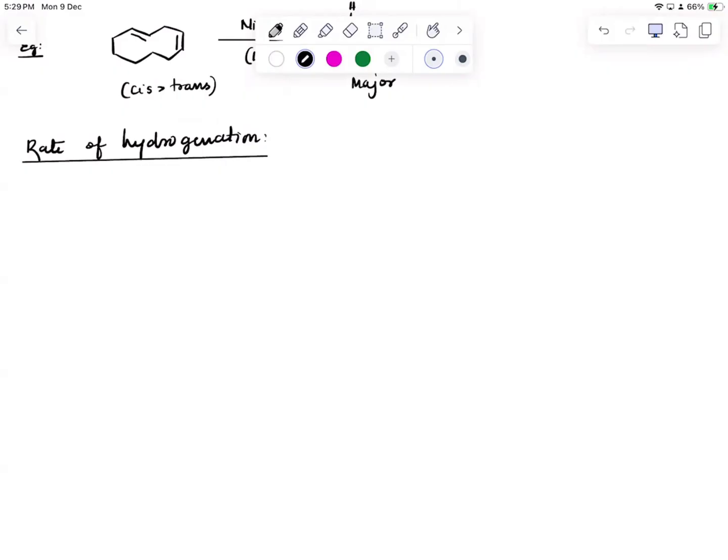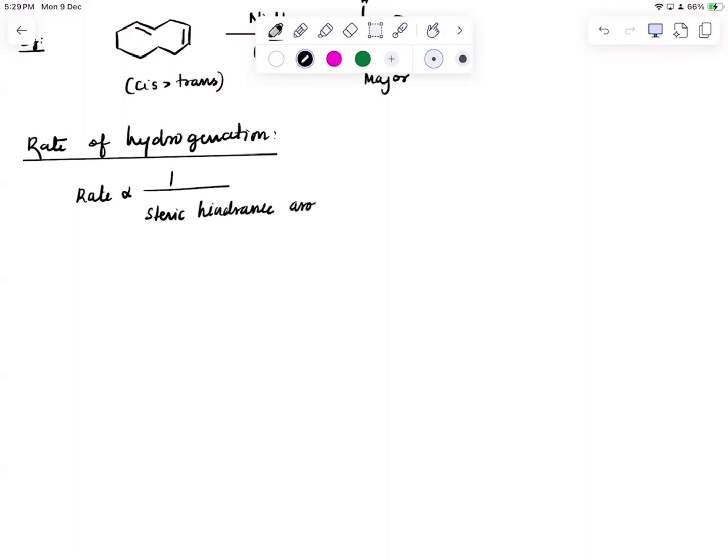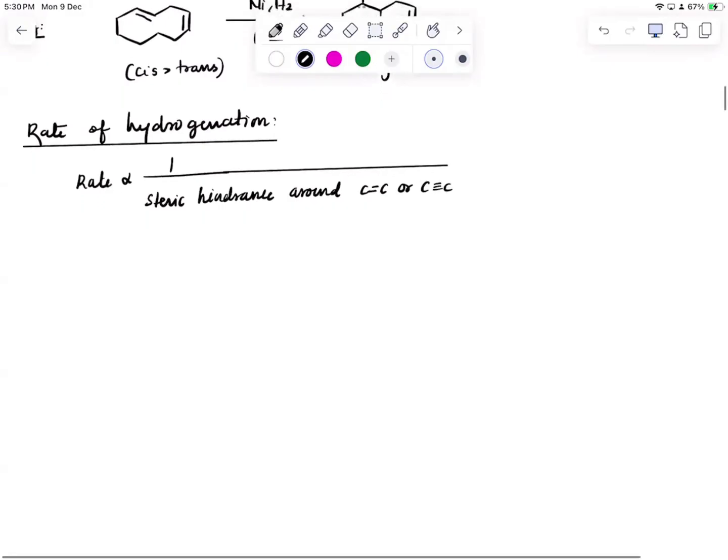Because of steric repulsions, the pi bond is at a farther distance away from the metal surface. Therefore, rate mainly depends, inversely proportional, on steric crowding or steric hindrance around C double bond C or C triple bond C. So this is the criteria on which you should look out for.